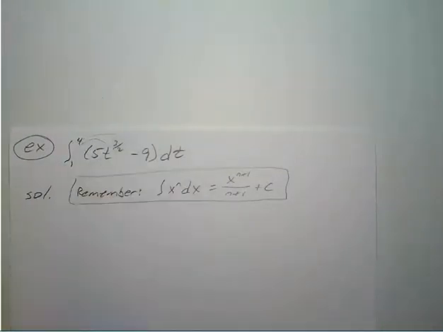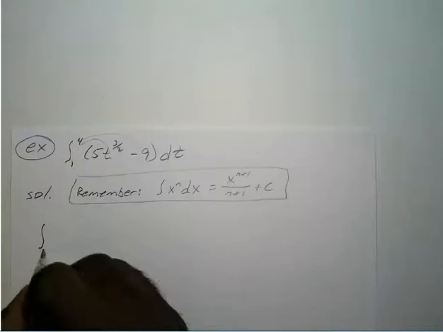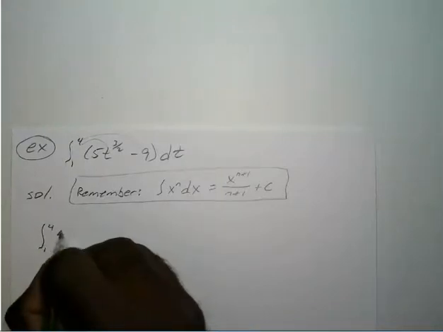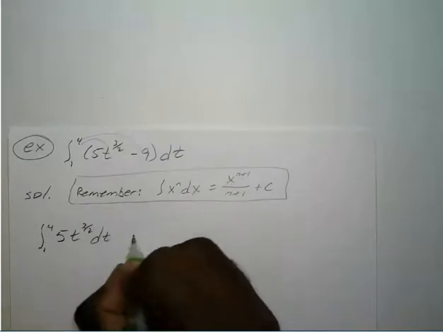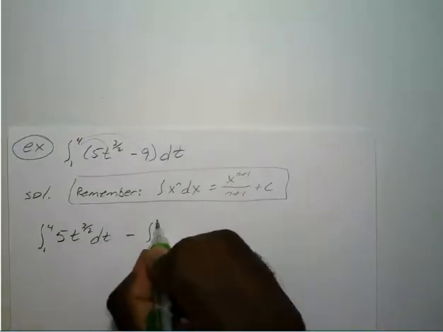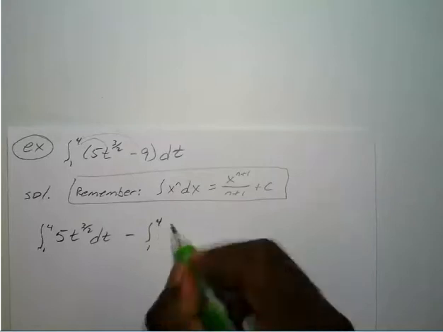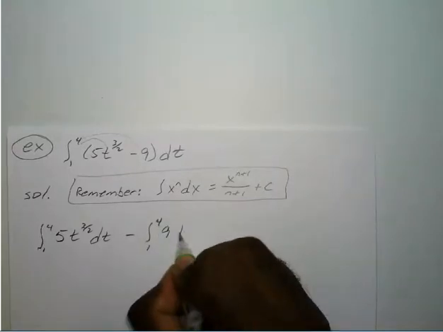But we're going to go ahead and distribute that. So you have the integral from 1 to 4 of 5t to the 3/2 power with respect to t minus the integral from 1 to 4 of 9 with respect to t.